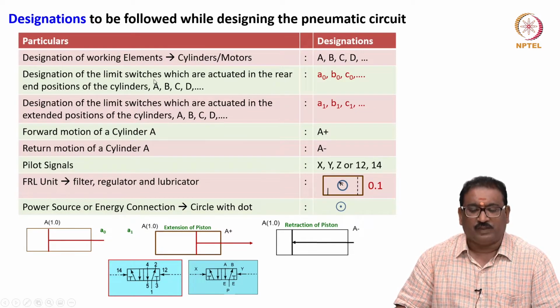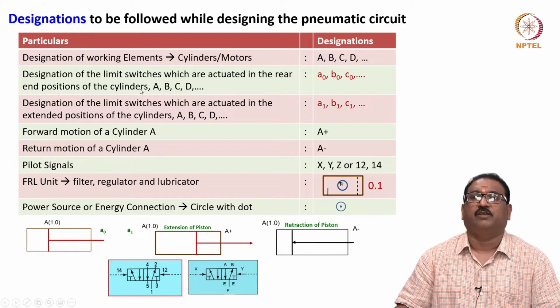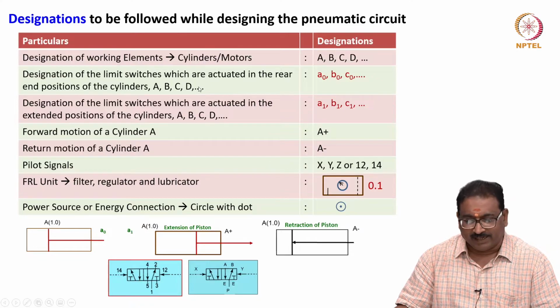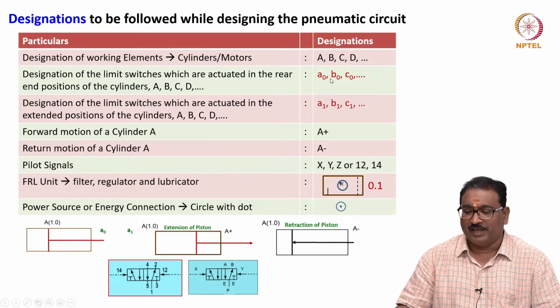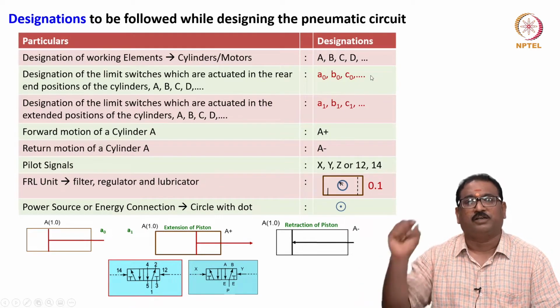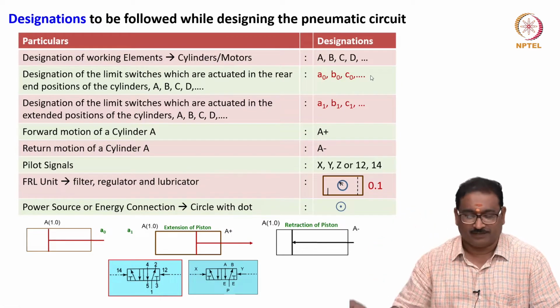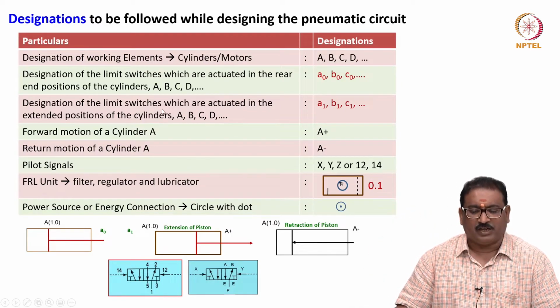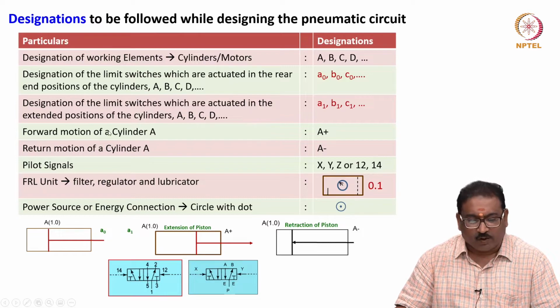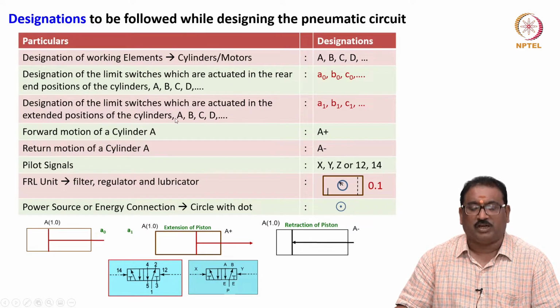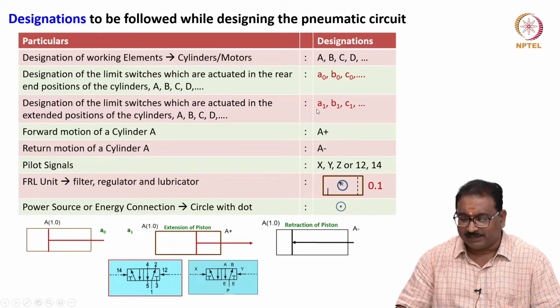The designation of the limit switches which are actuated in the rear end position of the cylinders A, B, C, D is represented like this: a0, b0, c0, d0, all small letters. Similarly, for the designation of the limit switches actuated in the extended position of the cylinders, how to represent? Small a1, b1, c1.